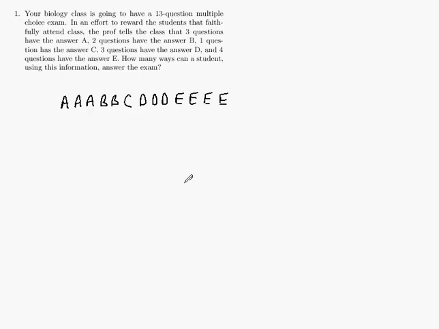Now, once I think about shuffling letters, I remember this as distinct rearrangements. So the answer to this would be 13 factorial over the repeats, 3 factorial, 2 factorial, 3 factorial, and 4 factorial.